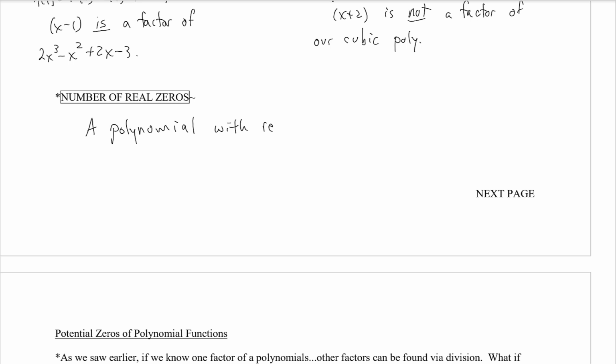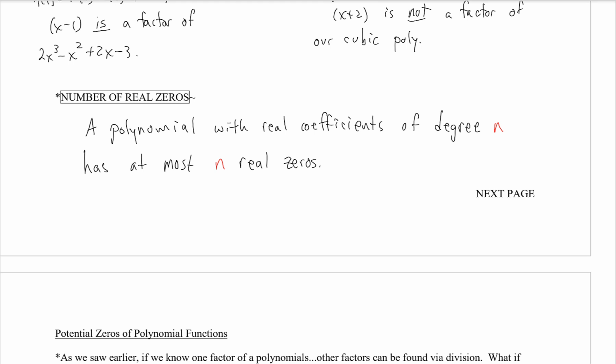So a polynomial with real coefficients, which are the only kind of polynomials you've ever worked with, of degree n, so its degree is n, has at most n real zeros.